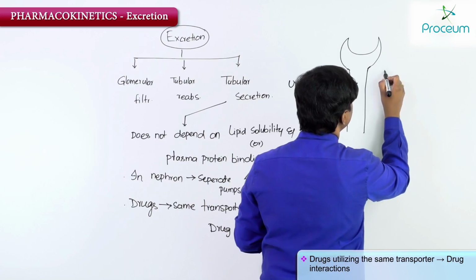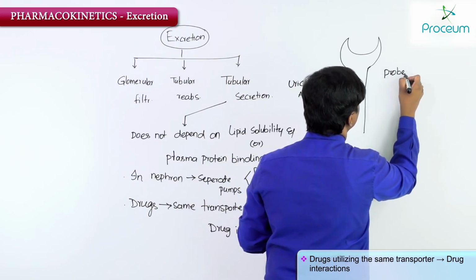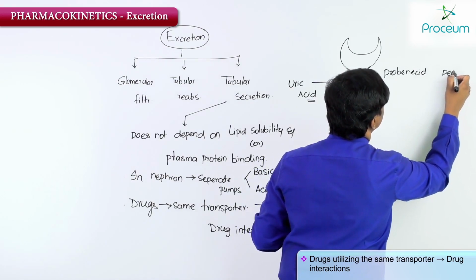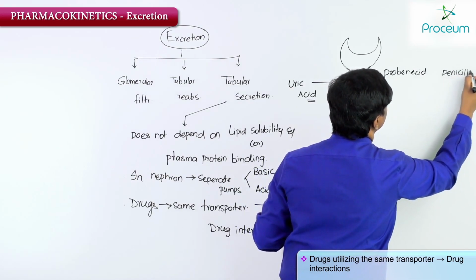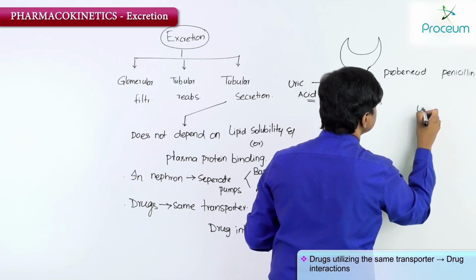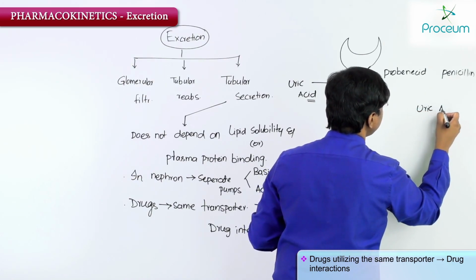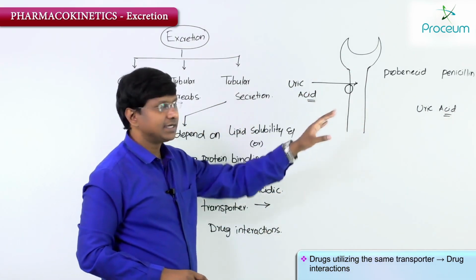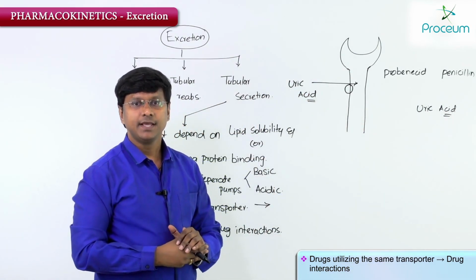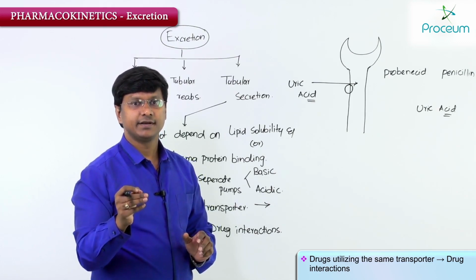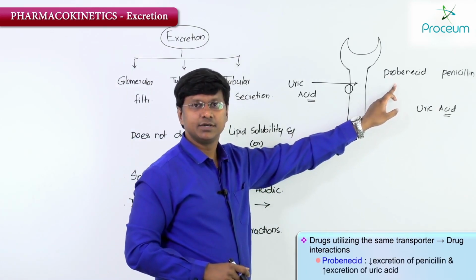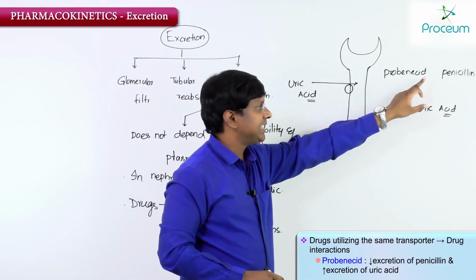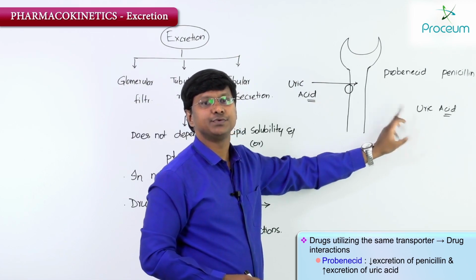Now, what is the story of these three? Probenecid will decrease the excretion of penicillin and increase the excretion of the uric acid.